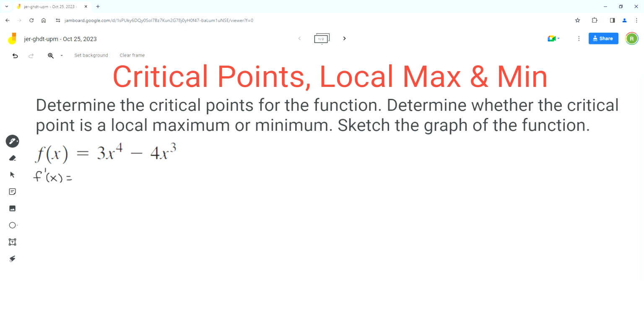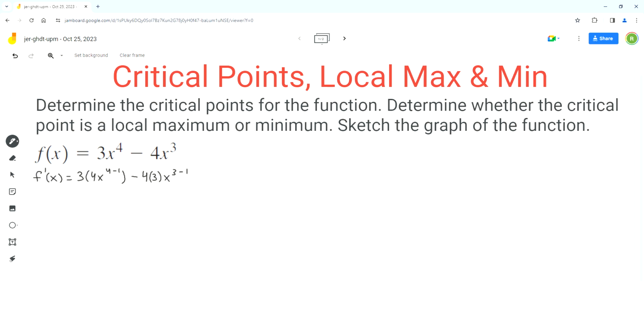Now 3 is the coefficient of the term, so it will stay as it is. For x^4, as per the power rule, we'll move the 4 to the front of the term and subtract 1 from 4. Minus, now in the other term, 4 is the coefficient, so it will stay as it is. And as per the power rule, we'll move the exponent 3 to the front and subtract 1 from it.